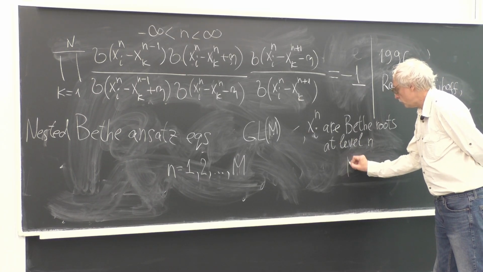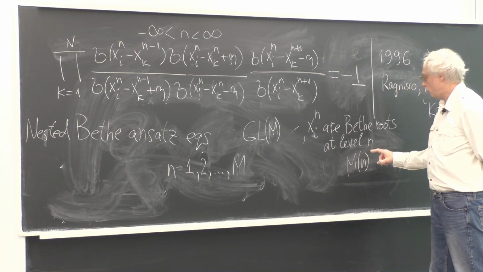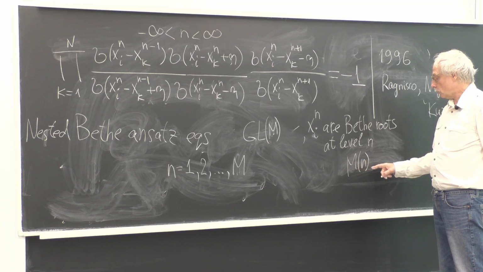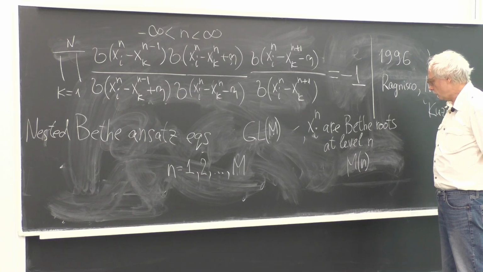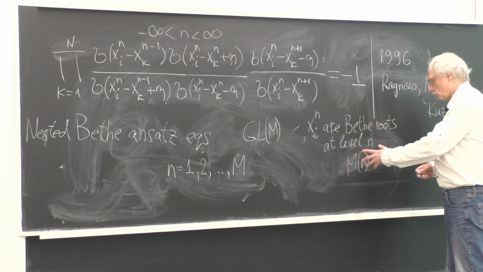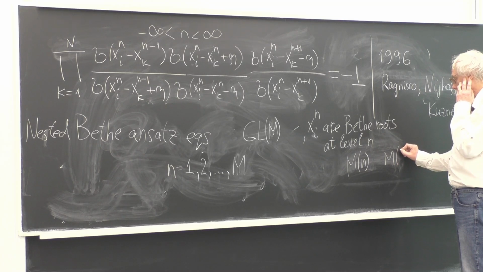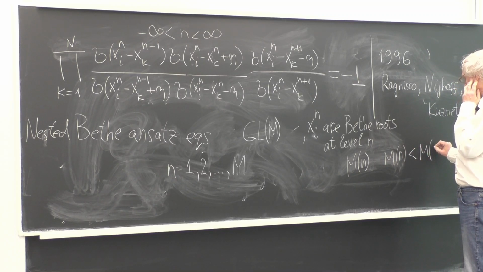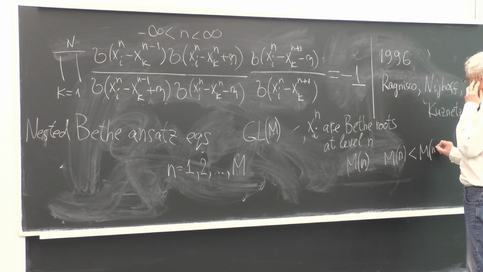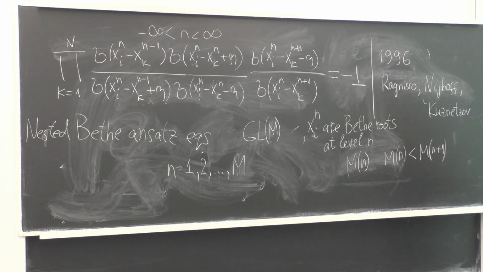The numbers of roots are m_n, which depend on n, and there are some restrictions to these numbers, which I will not explain here. There are some inequalities like this. And this is a very important property of Bethe-Ansatz equations, that the number of roots is different at each level.